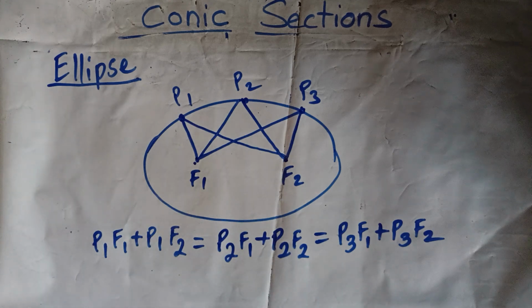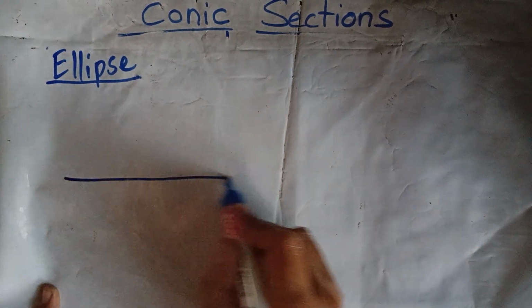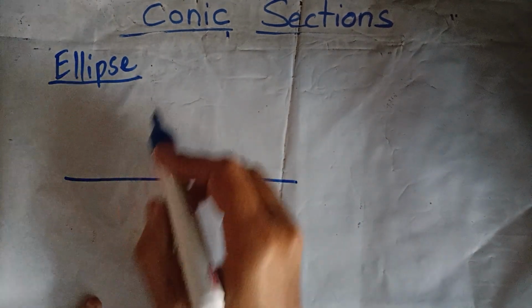Now the two fixed points are called the foci, that is, the focus points of the ellipse. So let's learn properly about the ellipse. I have the axis.